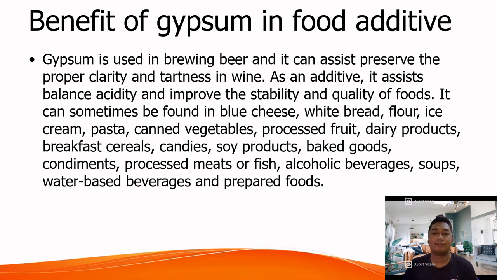It can sometimes be found in blue cheese, white bread, flour, ice cream, pasta, canned vegetables, processed fruit, dairy products, breakfast cereals, candies, soy products, baked goods, condiments, processed meat or fish, alcoholic beverages, soaps, water-based beverages, and prepared foods.